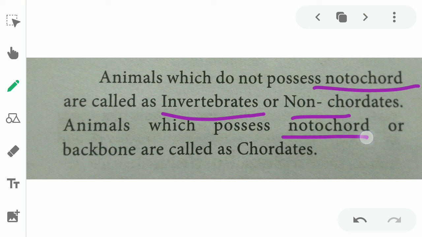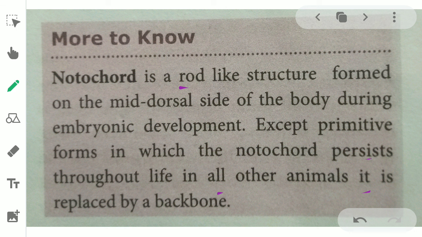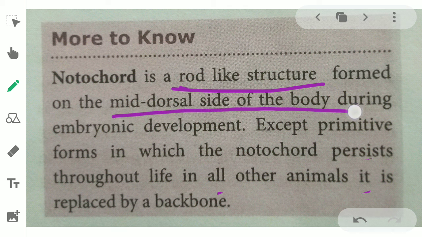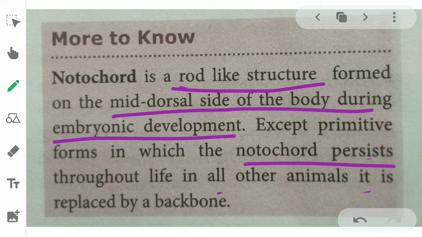Animals which possess a notochord or backbone are called chordates. The notochord is a rod-like structure formed on the mid-dorsal side of the body during embryonic development. Except in primitive forms where the notochord persists throughout life, in other animals it is replaced by the backbone. It starts at the embryonic stage itself. In some chordates, the notochord is replaced by a backbone.